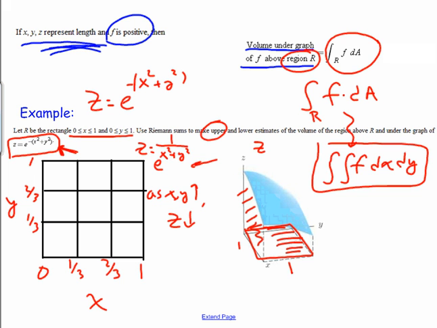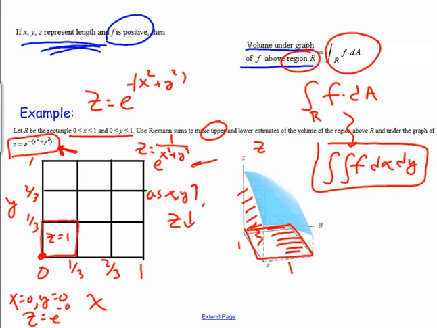And if I wanted to find the upper approximation of my z value on that region, if I want z to be as big as possible, I'm going to make x and y small. So for this given box, I'm going to choose x equals 0, y equals 0. So my z value is going to be e to the negative 0, which is just 1. So I get z equals 1.